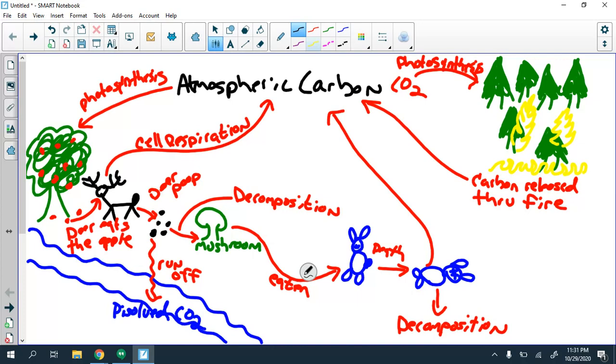But let's say we have long-term death, right? So we're talking death over thousands and thousands and thousands of years. Well, right, through decomposition and liquefaction, that carbon can become oil.